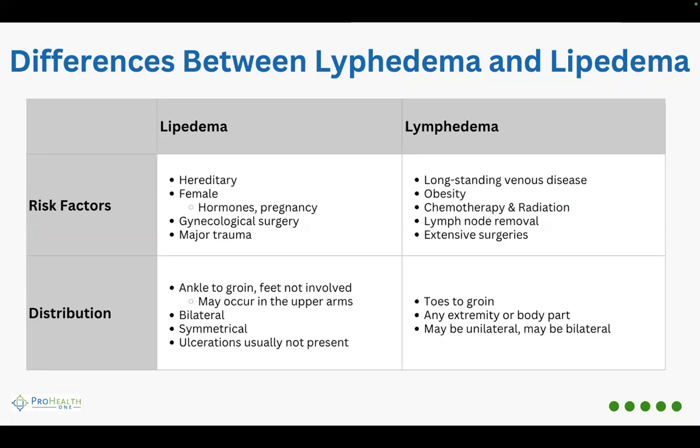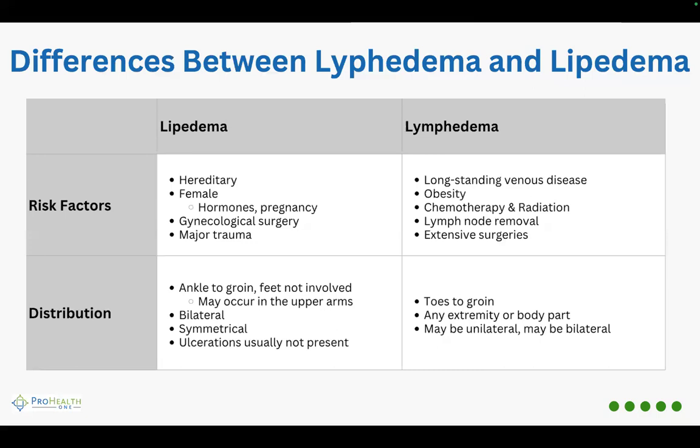While with lymphedema, risk factors are more like long-standing venous disease, obesity, and then disruptions in the lymphatic system from chemotherapy and radiation or lymph removal from surgeries. And then the distribution, like we mentioned before, with lipedema, you see it involving the limb, usually from the ankle to the groin, or from the shoulder to the wrist, but it usually spares the hands or feet.